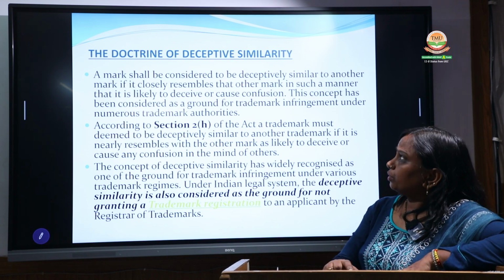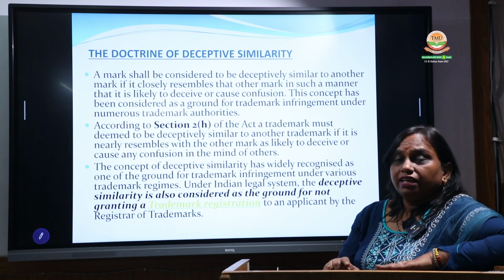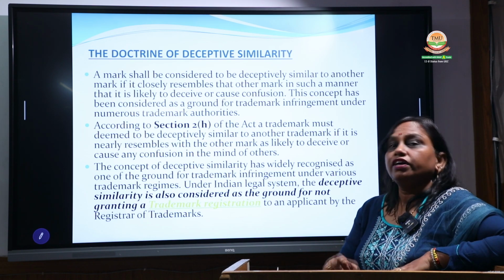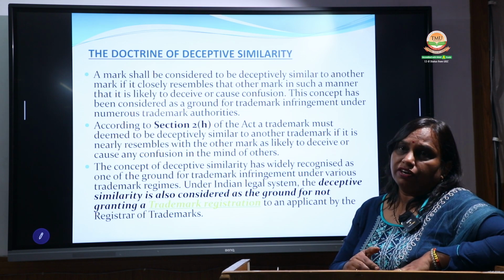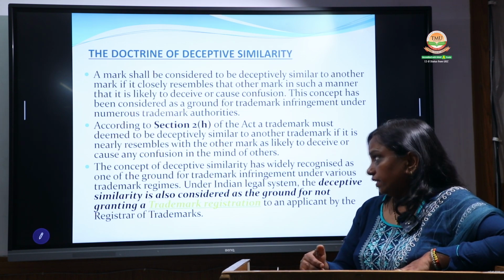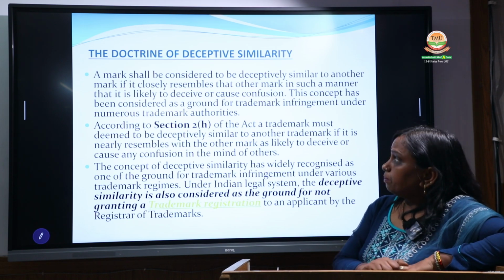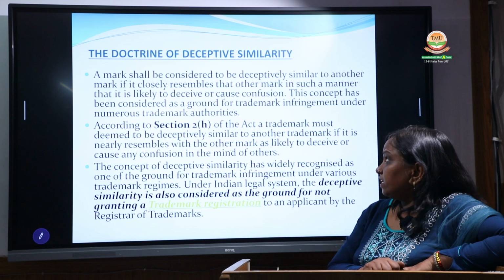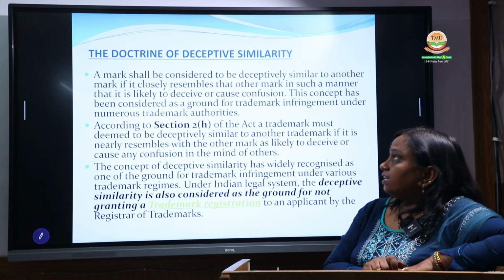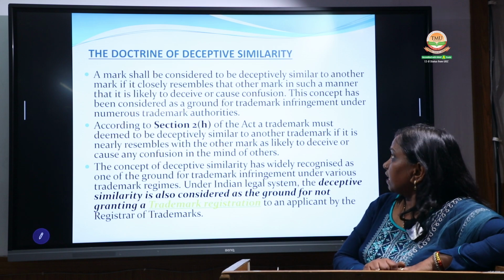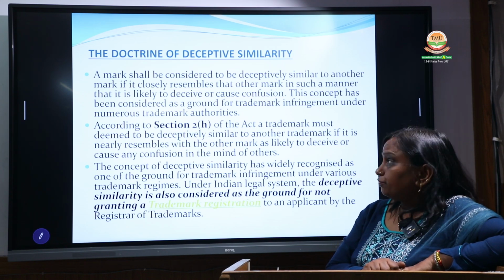So we all know that the trademark should be unique, it should be different, it should be capable of differentiating the goods and services of one person or enterprise from those of another. So what is the doctrine of deceptive similarity? A mark shall be considered to be deceptively similar to another if it closely resembles that other mark in such a manner that it is likely to deceive or cause confusion.